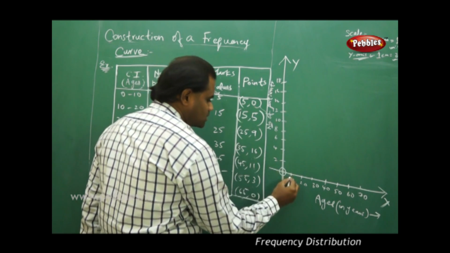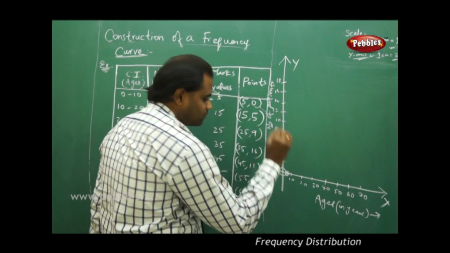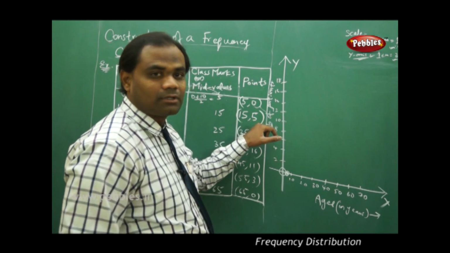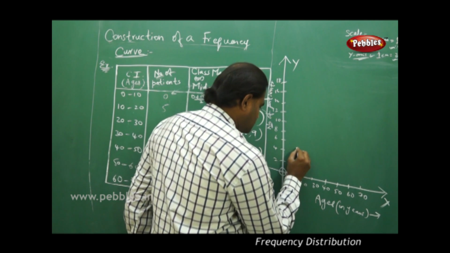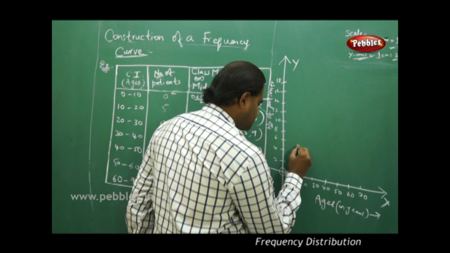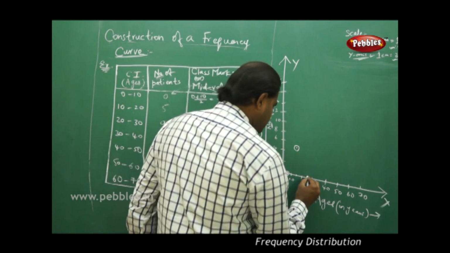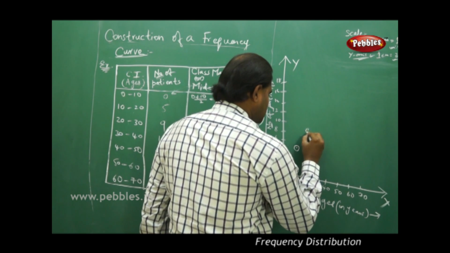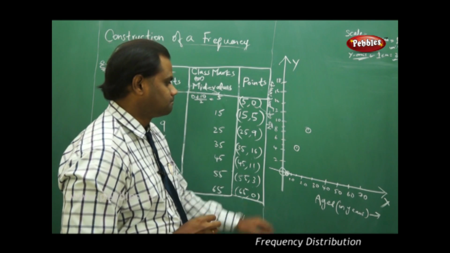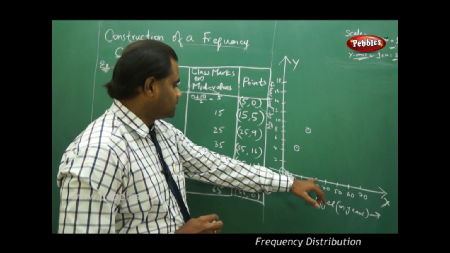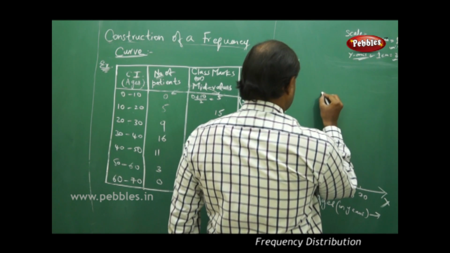So (5, 0) is a point taken on the x-axis here. The next is (15, 5), which is plotted here. This is the second point. Then the third point is (25, 9), which comes between like this and this. Then I have (35, 16), so 35 is plotted with 16.